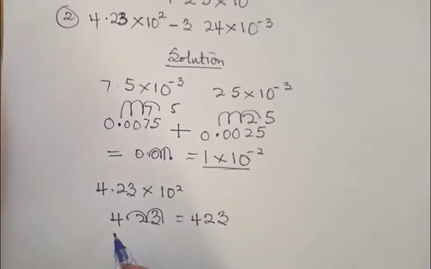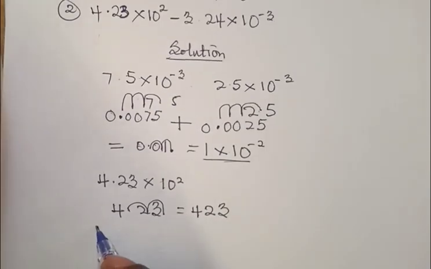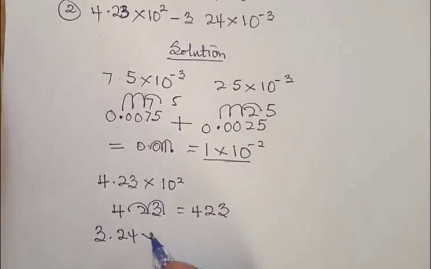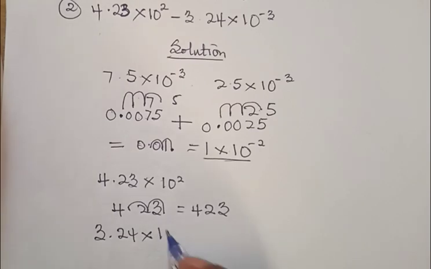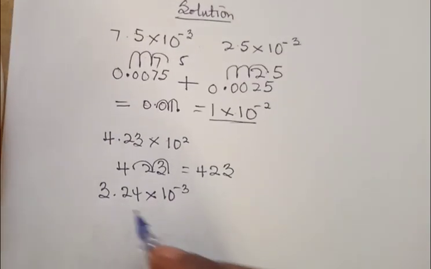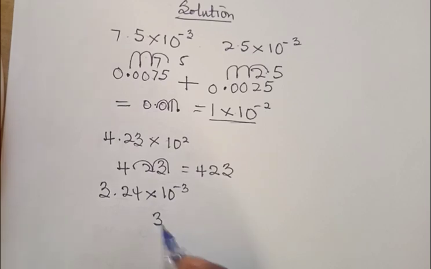Okay. Now let me also change this 3.24 times 10 exponent negative 3. All right, good. So this time we have a negative here, so it means I'm going to move to the left.